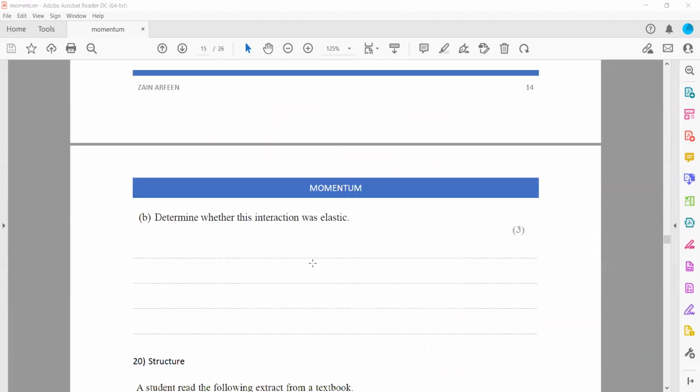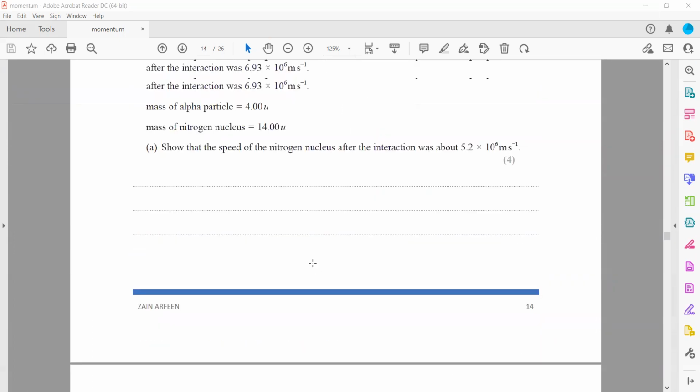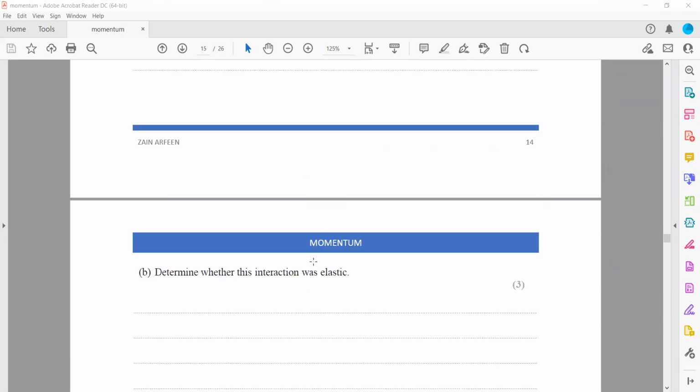And then determine whether the interaction is elastic or inelastic. So what we have to do is calculate the total kinetic energy before the collision and after. Before the collision it is the alpha particle only, and after the collision it will be the kinetic energy of the alpha particle plus the nitrogen. So before the collision, the kinetic energy of the alpha particle is half mv squared.